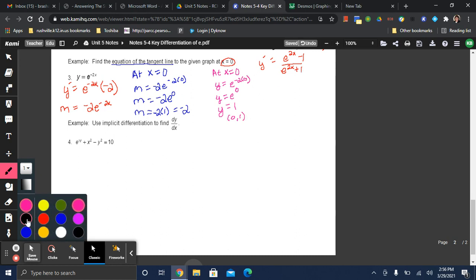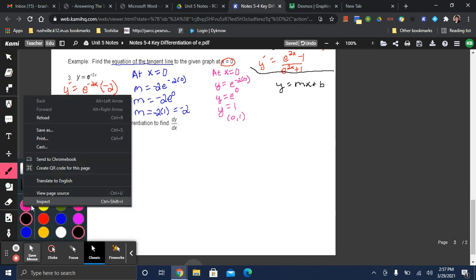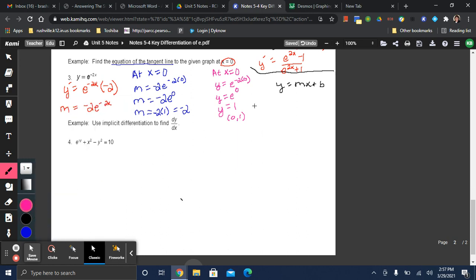And then finally, I can find my equation. Now, your tangent line is y equals mx plus b. This point right here actually is the y-intercept, but just in case you need a refresher, if that is not the y-intercept, you would plug in, of course, 1 for the y equals, and then your slope, negative 2, and your x, which is a 0, and then plus b.